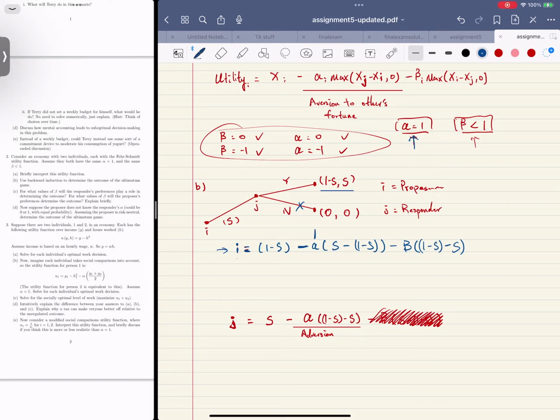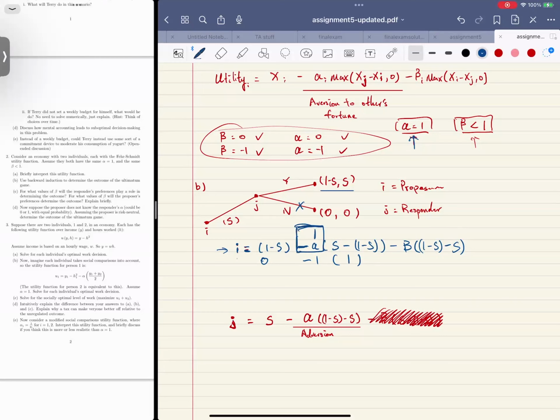It's true, but it's not comparing to beta. Alpha and beta, you can't really compare them, because in this case there's only one thing that matters. If I'm giving a whole dollar to J, I will have a -1 utility, right? Because my alpha is 1.